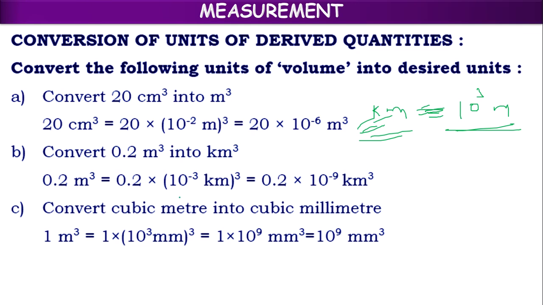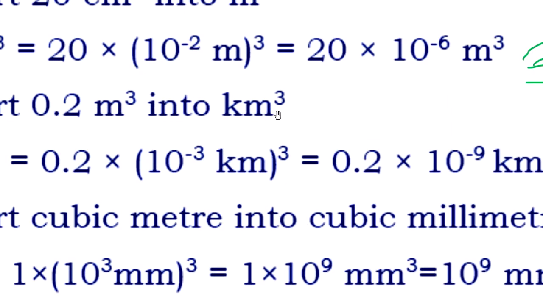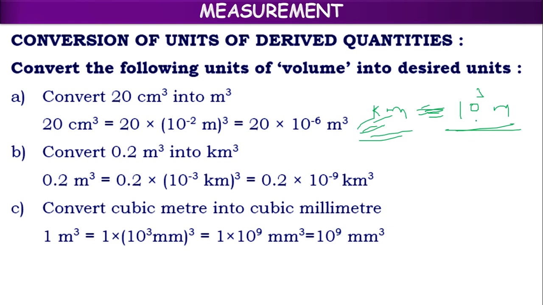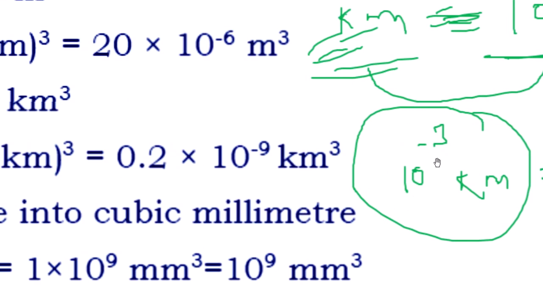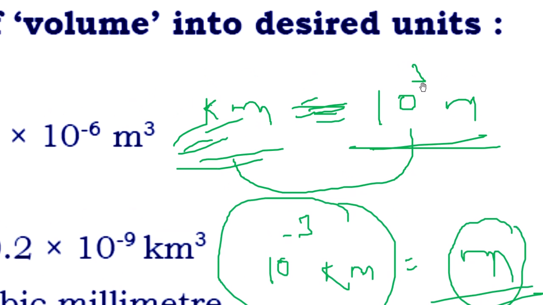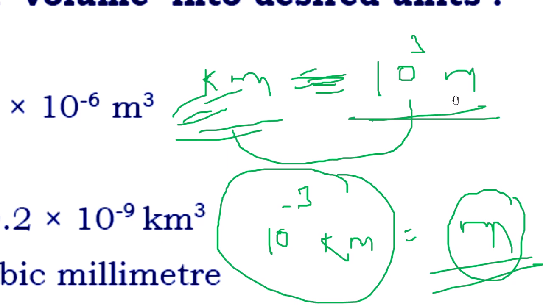But we have to convert meter into kilometer. If this 10 power 3 comes to this side, it becomes 10 power minus 3 kilometer equals meter. So in the place of meter, we can keep 10 power minus 3 kilometer, because kilometer equals 10 power 3 meter, but we want meter in terms of kilometer.